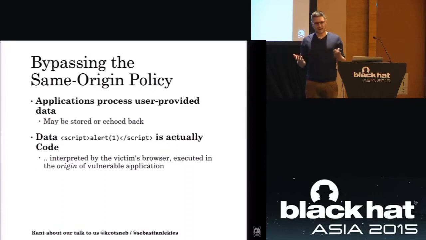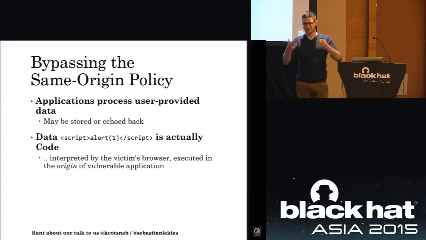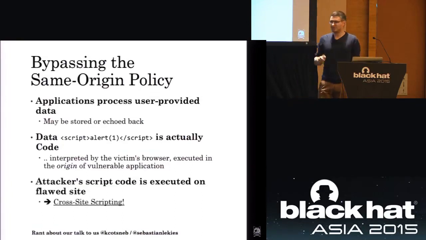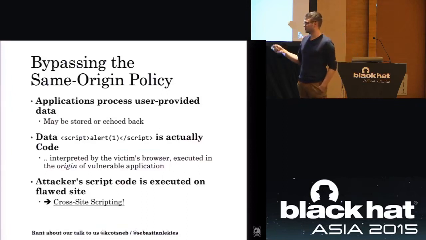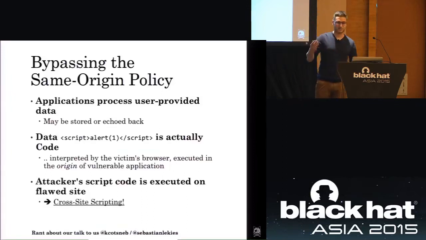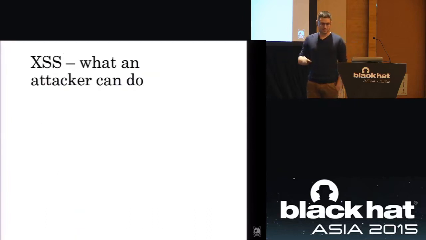That means my own code runs in your identity on mail.google.com. This is why it's called cross-site scripting: as an attacker, I can script into a different site. So what can an attacker do with cross-site scripting?